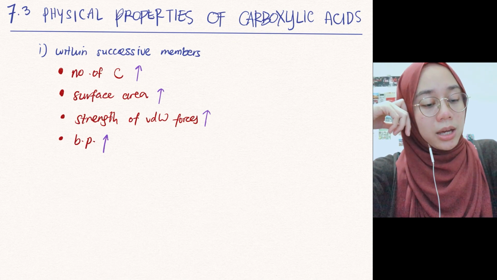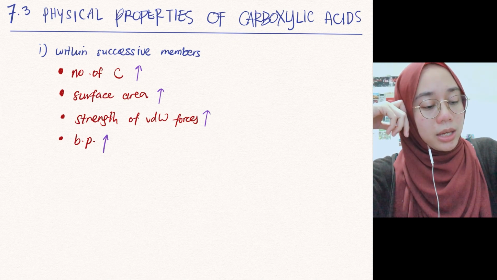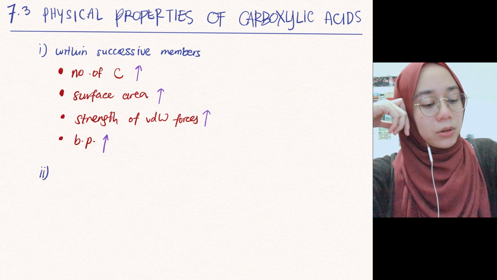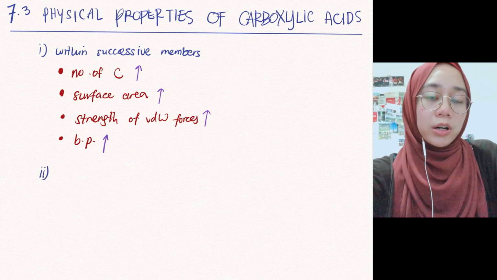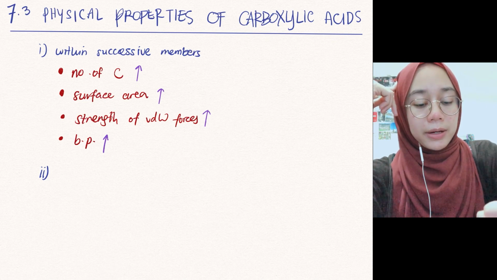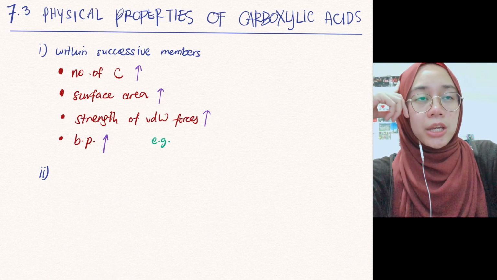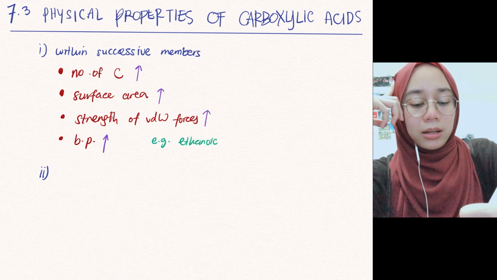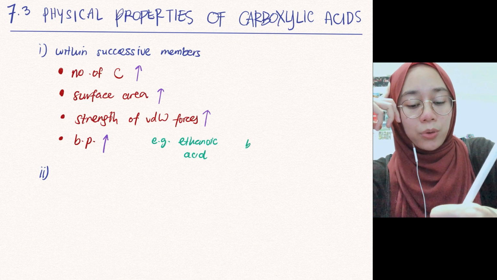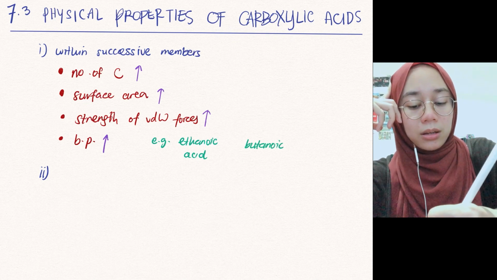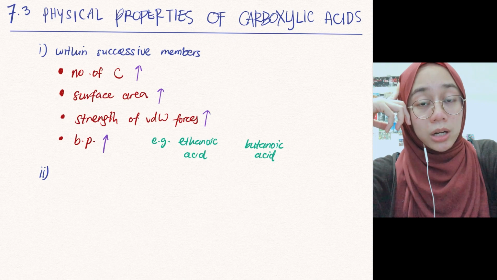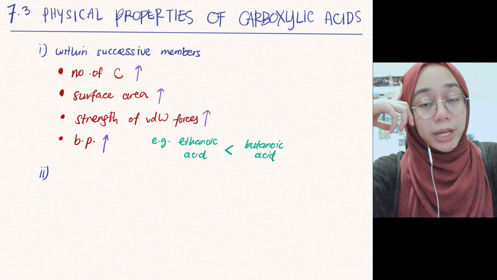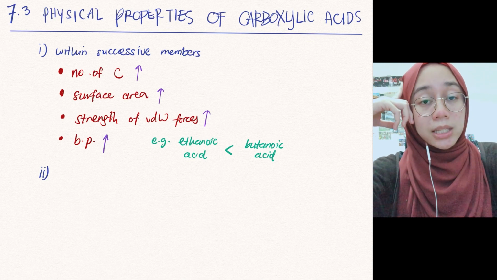Okay, so kat sini kalau kamu nak kena bagi contoh, example dia adalah, let's say you have ethanoic acid dengan butanoic acid. So which one has a higher boiling point? Butanoic acid. Okay, sebab butanoic acid ada 4 carbon, ethanoic acid cuma ada 2.